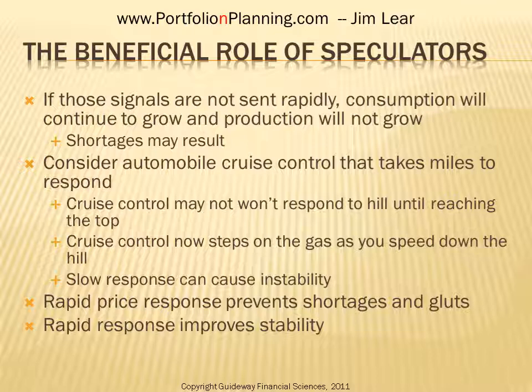At that point, it will continue to add power as the car rapidly accelerates down the hill, increasing the speed well beyond the target. This slow response can cause instability in the system. On the other hand, a rapid response prevents shortages and gluts in the market, and it reduces large swings in the marketplace.